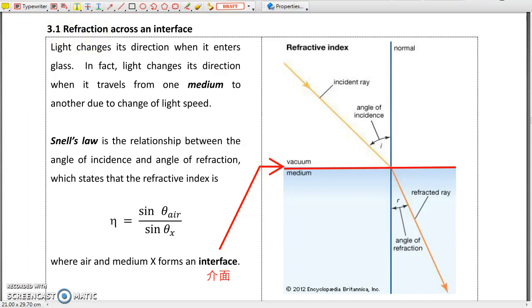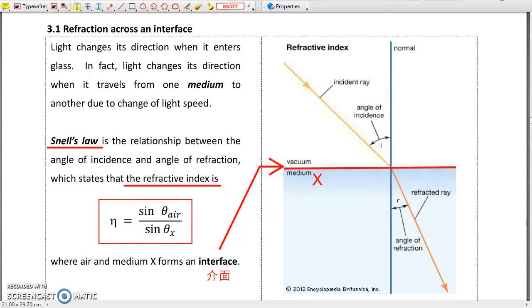The angle of refraction and the angle of incidence are related by Snell's law, as given here. The ratio of the sine value of the angle in air to that of the angle in x is called the refractive index of x.